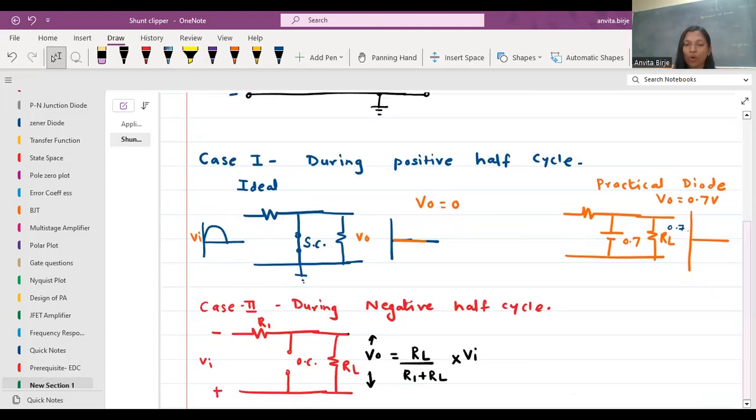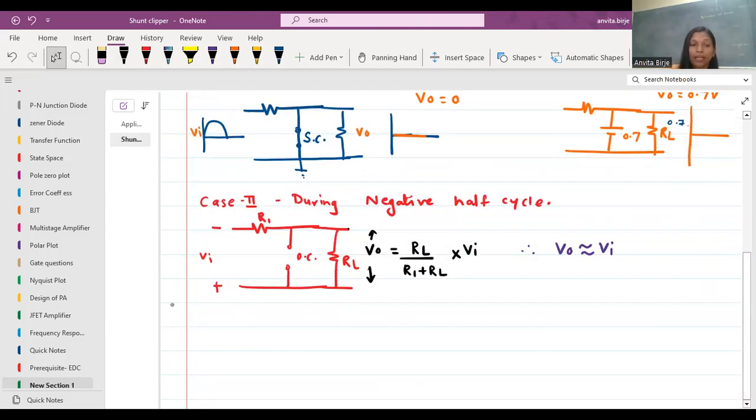If I solve this, RL is very high, so the term R1 plus RL is approximately RL. It will get cancelled, and approximately V0 is equal to Vi. So whatever input you are giving, you will get the same at the output.